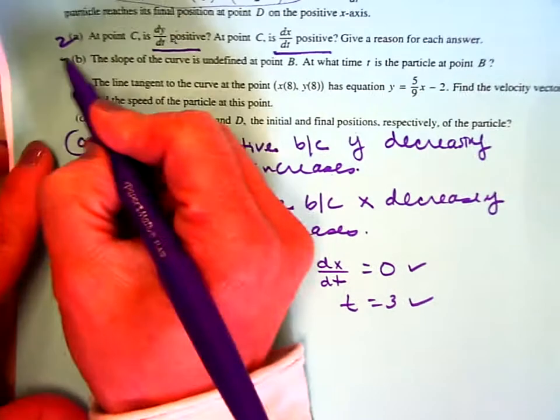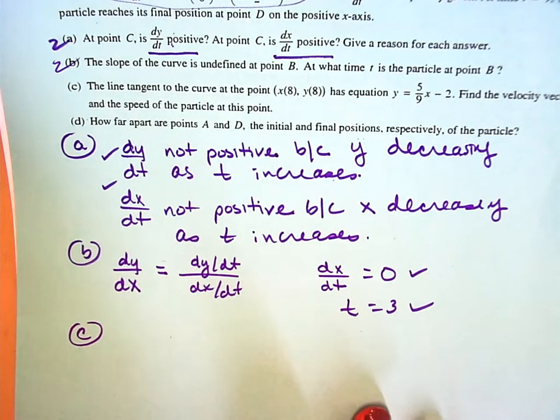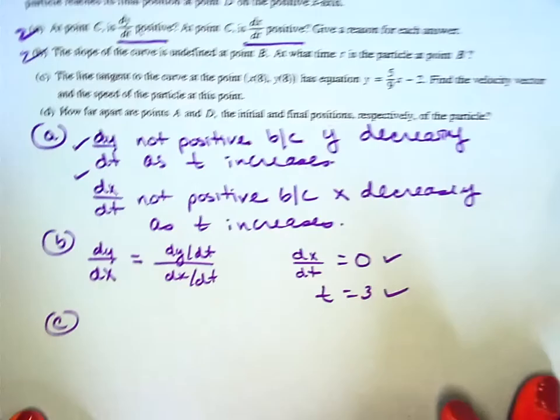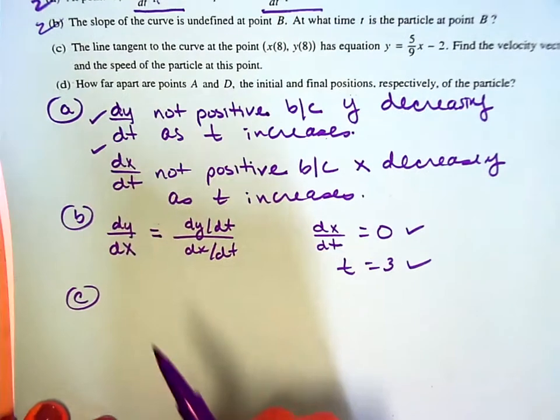Part C. The line tangent to the curve has a particular equation that's given. Find the velocity vector and the speed. Okay, so let's think about what the velocity vector is.